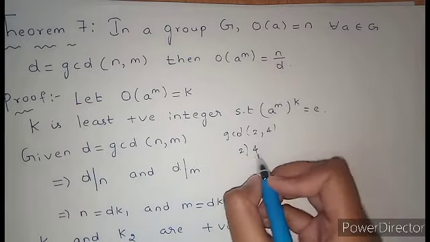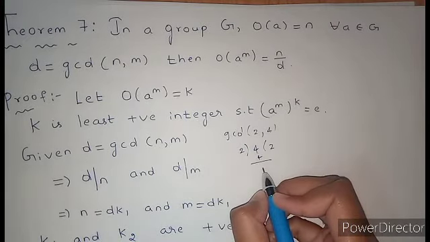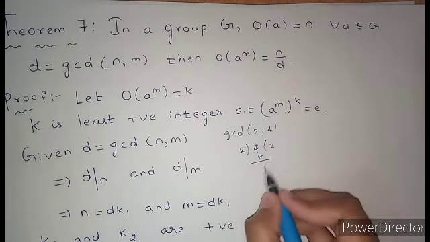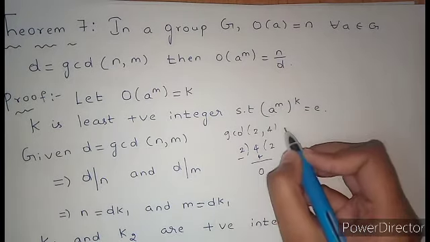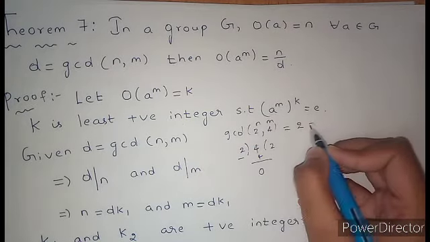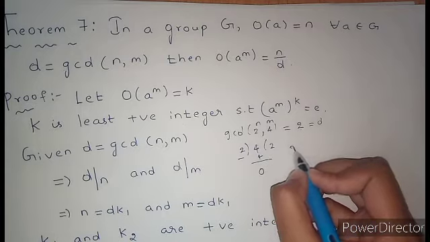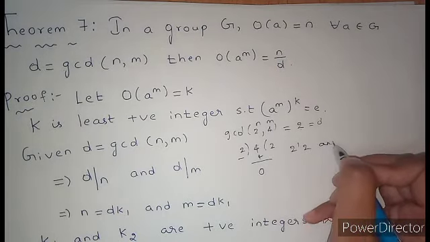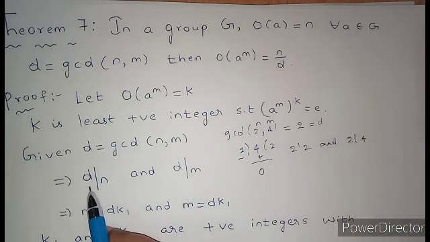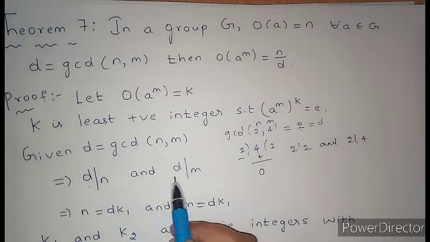Taking 4 as dividend and 2 as divisor, 2 twos are 4, and 4 minus 4 is 0. Here GCD is 2. This is n, this is m and this is d. Now 2 divides 2, likewise 2 divides 4. So I have written d divides n and d divides m.